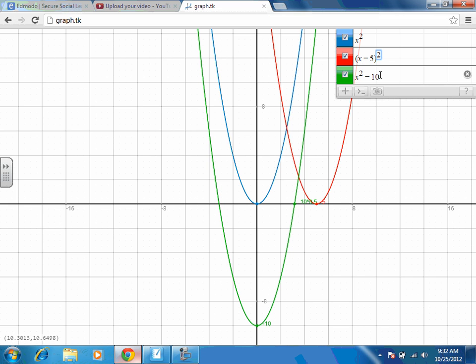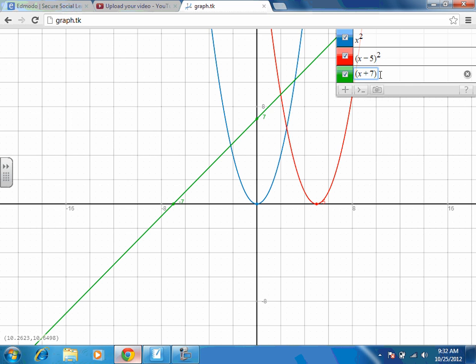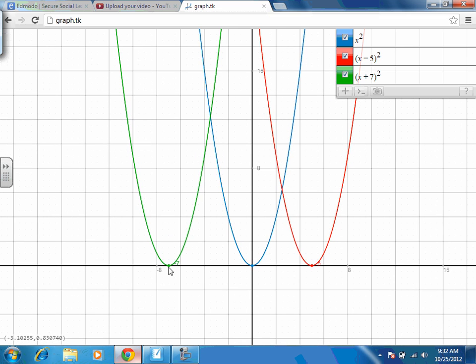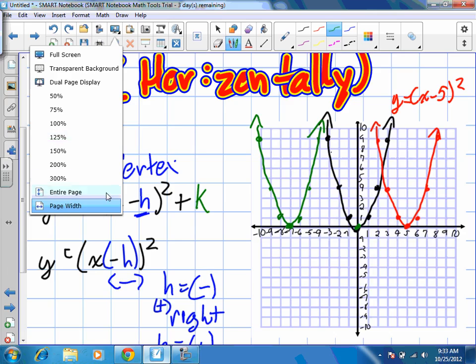And then in our other one, we have x plus 7 squared. And this one's been shifted to the left 7 units, okay? So this graphing program, again, helps us out. It gives us an idea of what these things should look like. And let's get the whole page here.